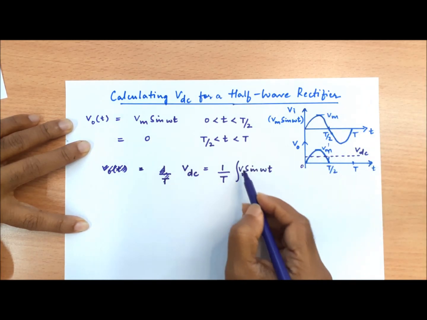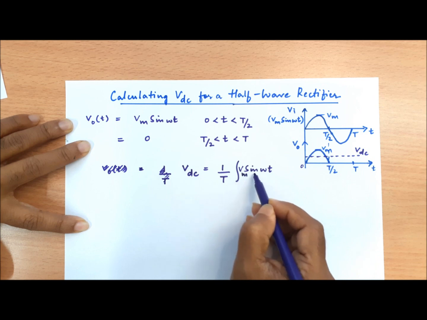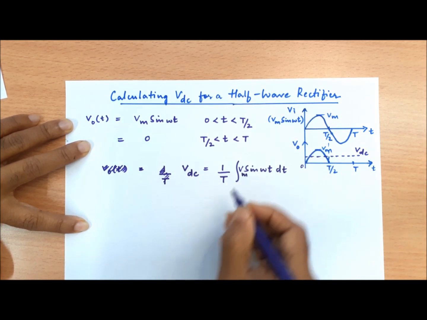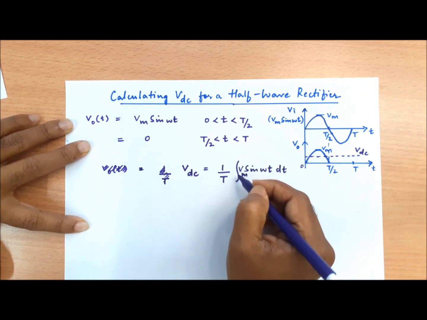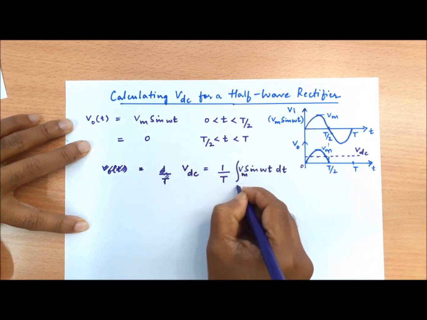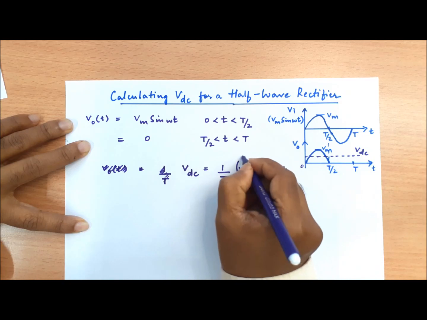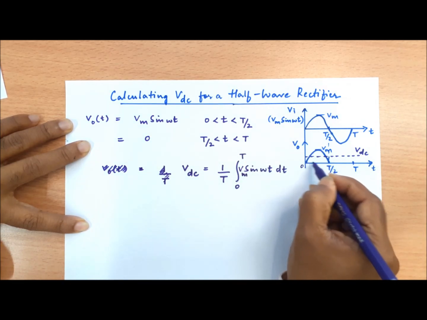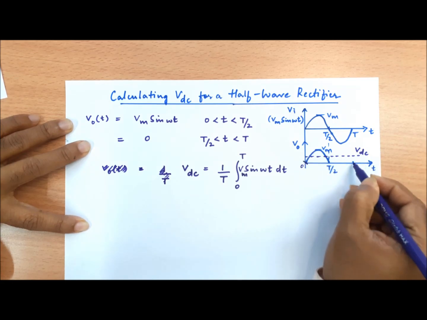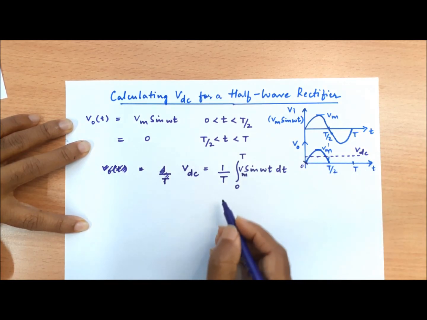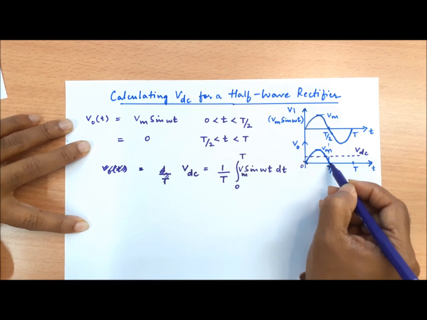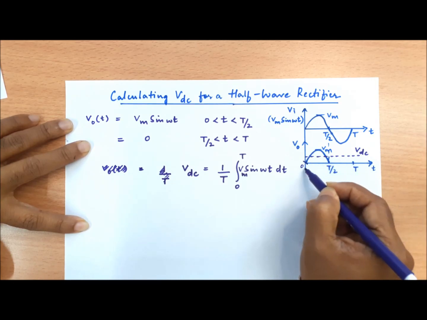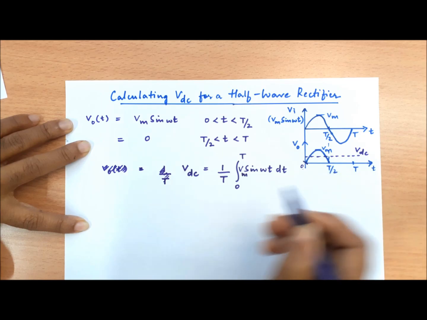So this is the integration of Vm sine omega t dt with the integral limits from 0 to T. Initially we consider the entire period from 0 to T. However, we do not have any output from T by 2 to T. We have the output only from 0 to T by 2.